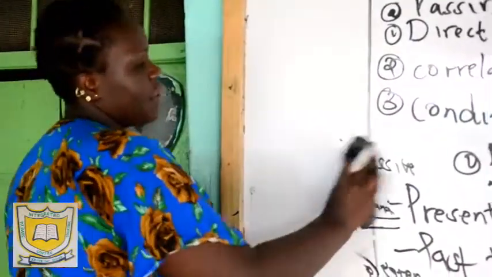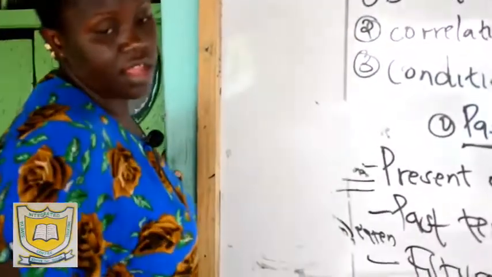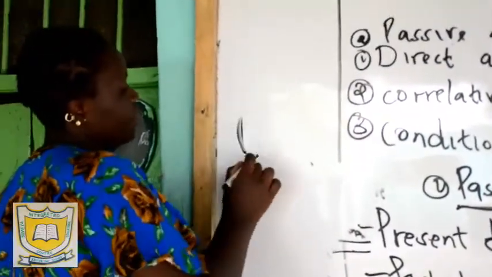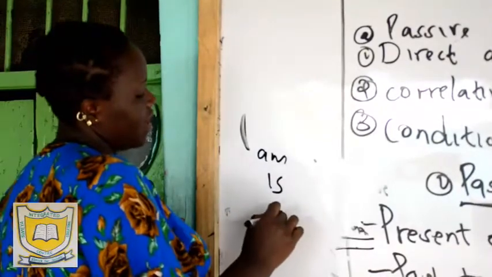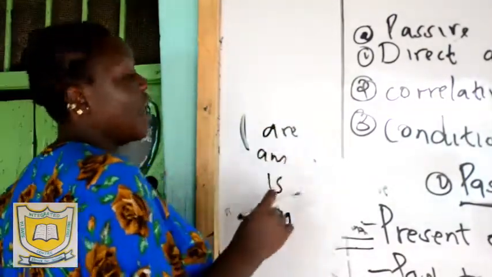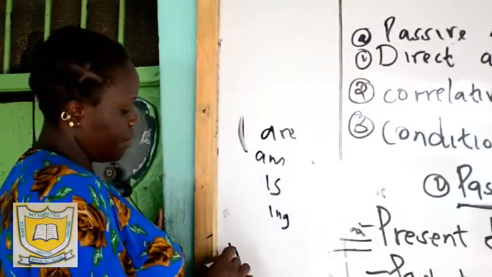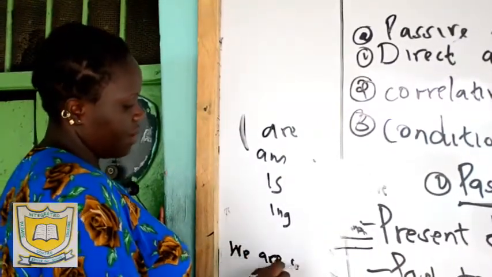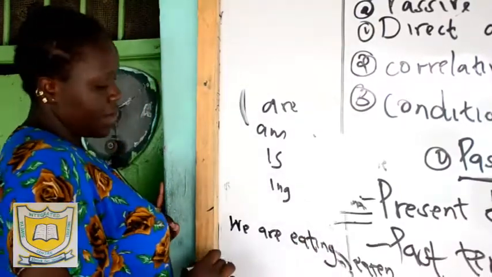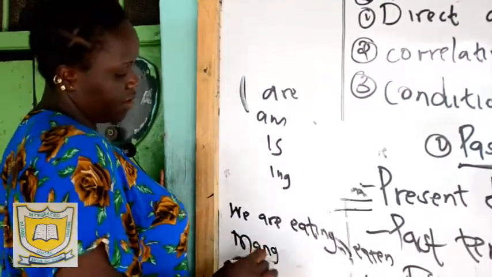Now you have the continuous tense. Let's say, for example, the present continuous tense. How do we form the present continuous tense? By use of am, is or are, plus ing. For example, I can say we are eating mangoes.